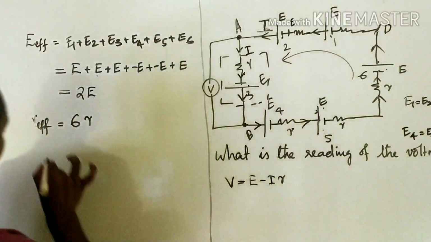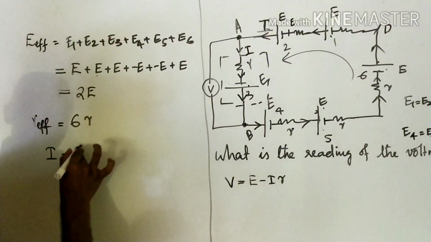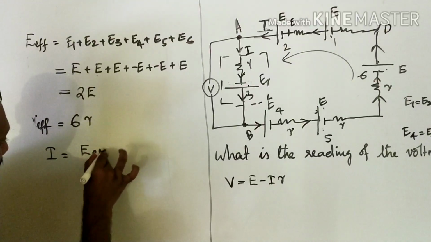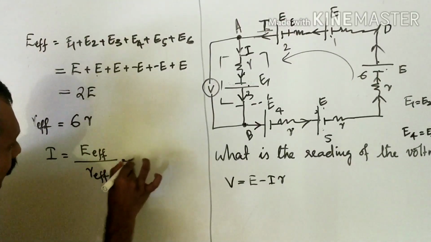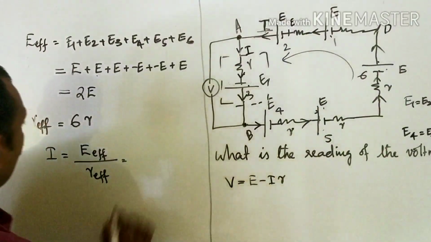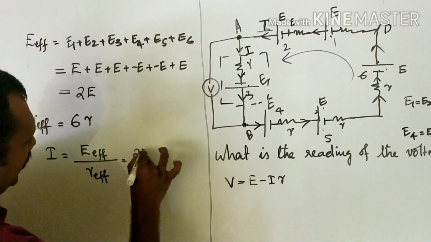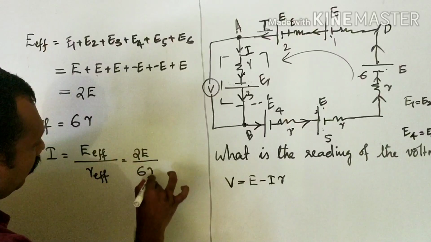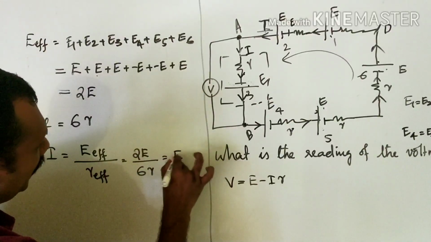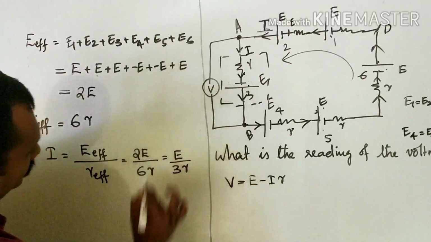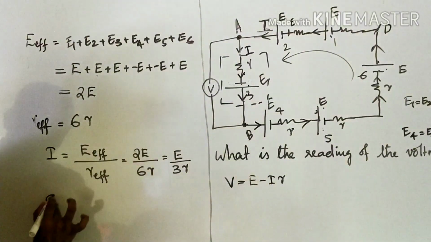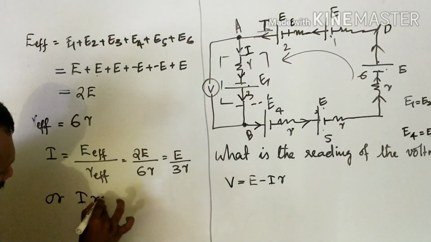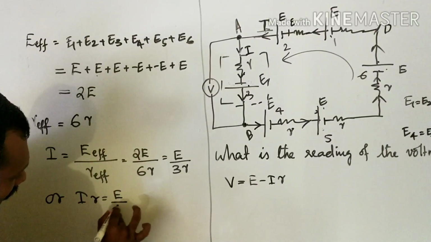Then my question, what will be current I? We have a direct formula, E effective divided by R effective. That is the current, because there is no external resistance here. That is 2E divided by 6R, which is equal to E by 3R. So I is equal to E by 3R, or IR is equal to E by 3.